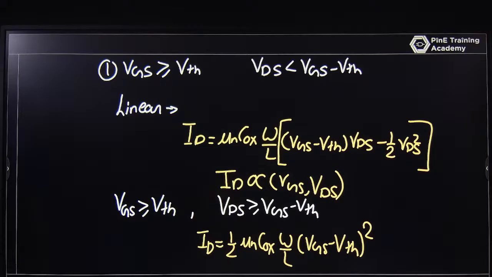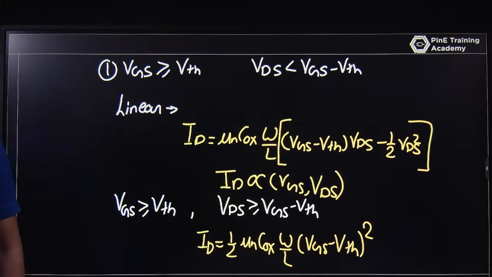If the MOSFET is in linear, ID is mu n CoX W by L, VGS minus VTH into VDS minus half VDS square. This is how you can understand that the drain current depends on W by L and the gate to source voltage.